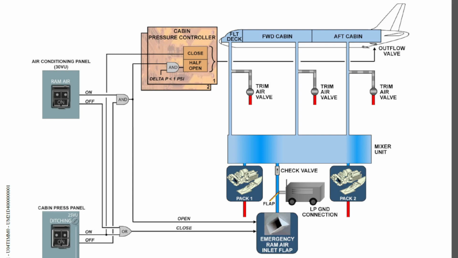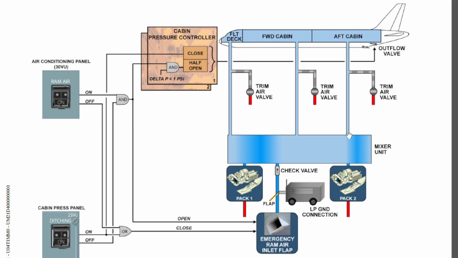Okay, so why you need the emergency ram air inlet is in case both air conditioning packs fail in flight. You will not have anything to supply the mixer unit, and therefore you will not have air supply to the zones, be it the flight deck, the forward cabin or the aft cabin.